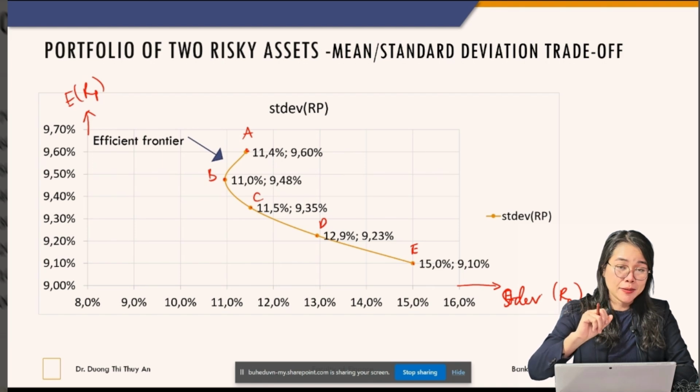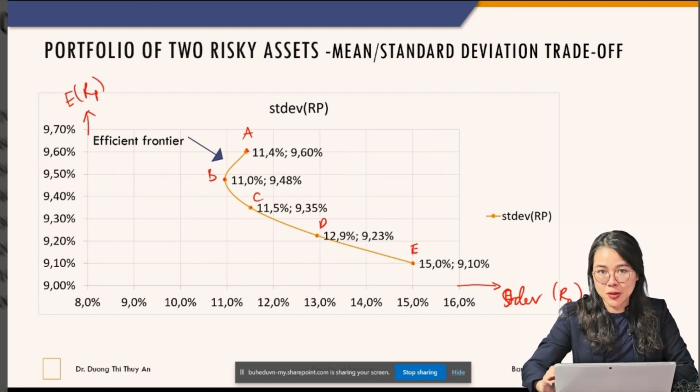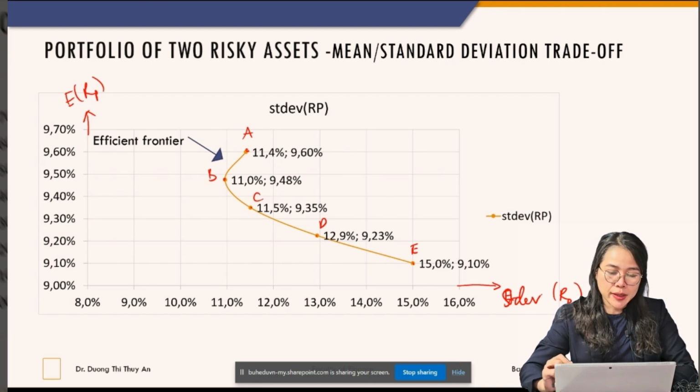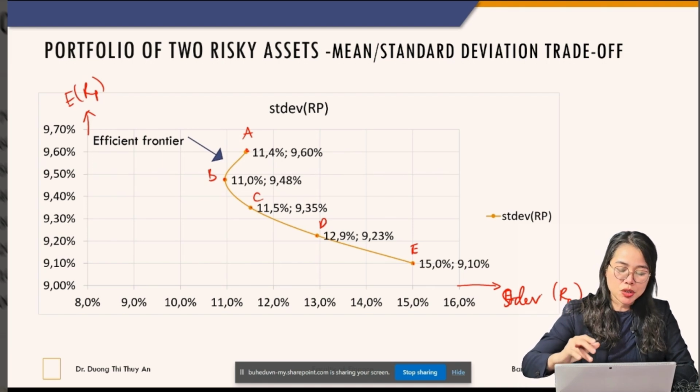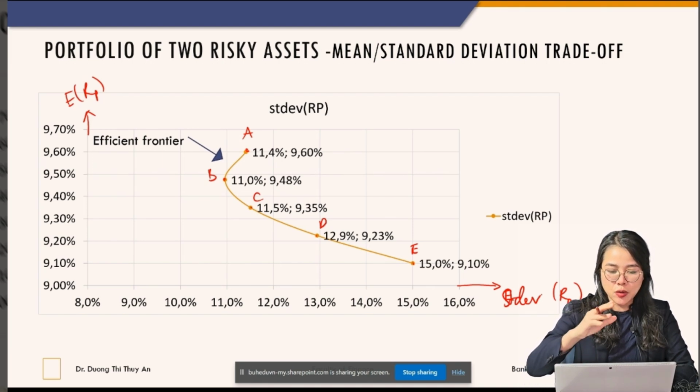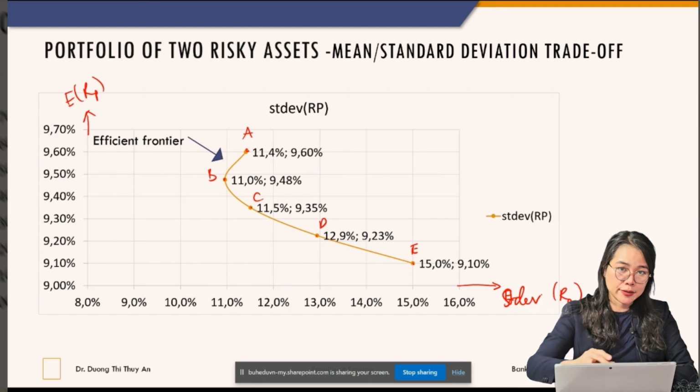And if your graph doesn't look like this, doesn't create a curve like this, then there will be something wrong. So make sure that when you draw the combination of return and risk of each portfolio and put them into one graph to illustrate all the allocations of portfolio, then you have this shape, this curve.